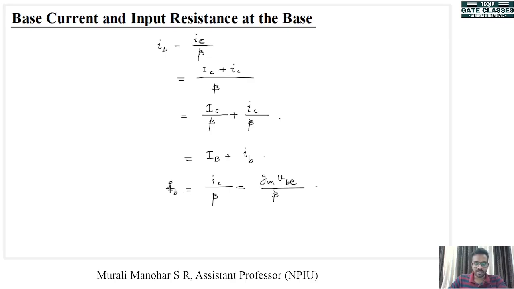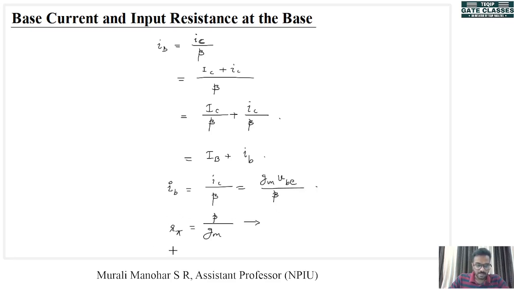Now we have a current and a voltage, that is, an input current and input voltage relation. So that means this beta by gm must be a resistance, right? So this beta by gm can be denoted by r pi, the resistance.